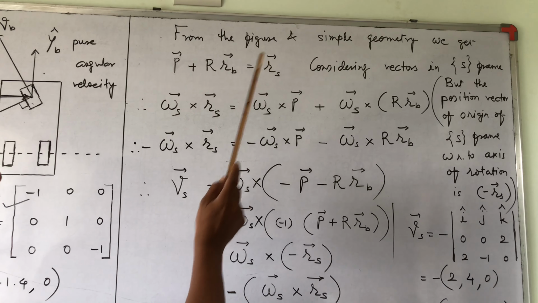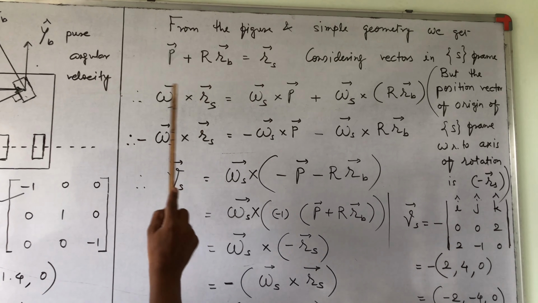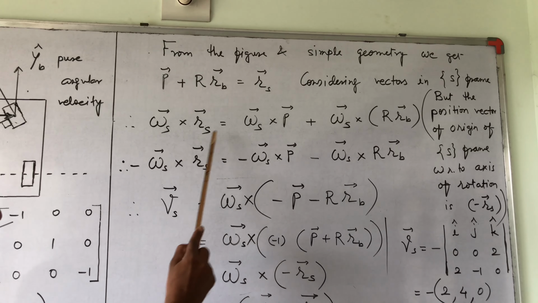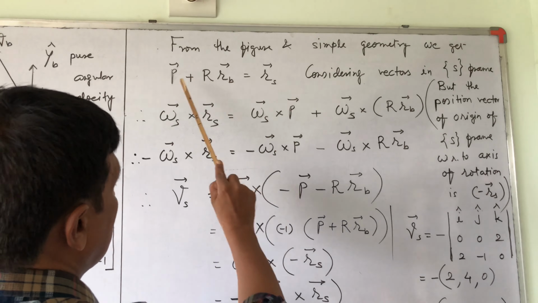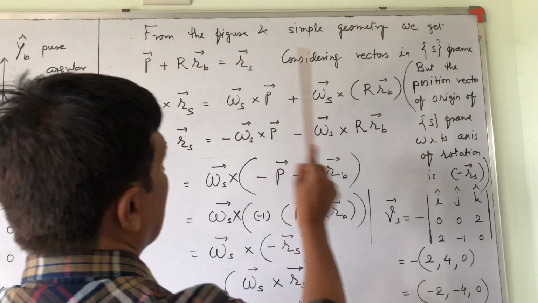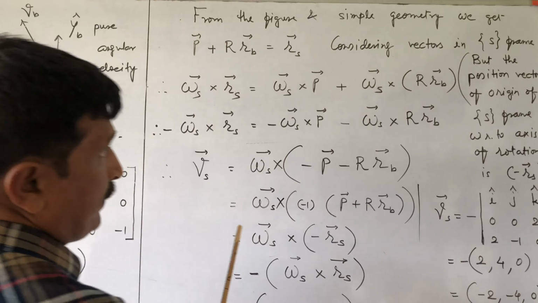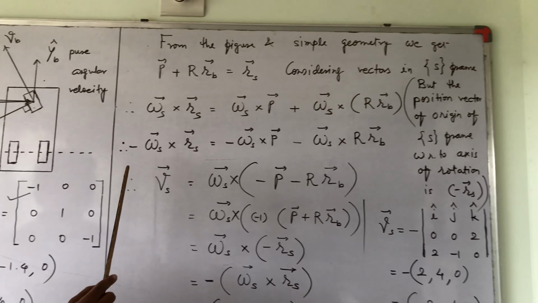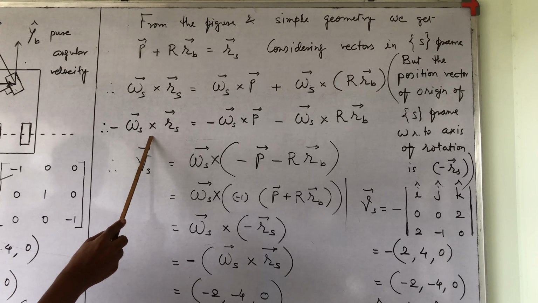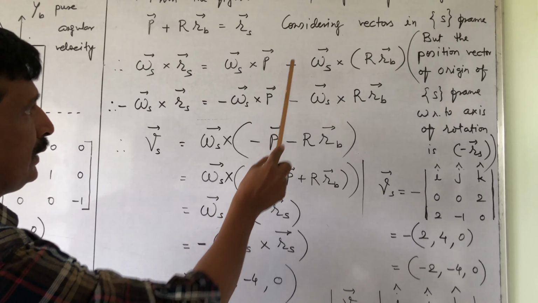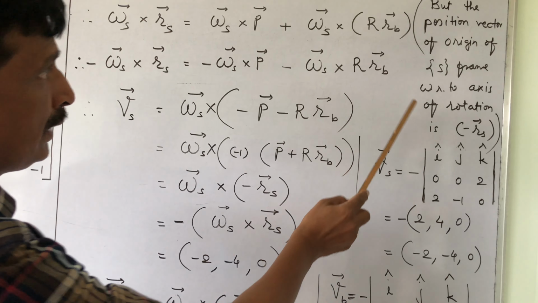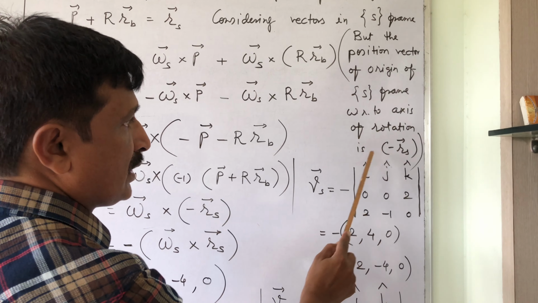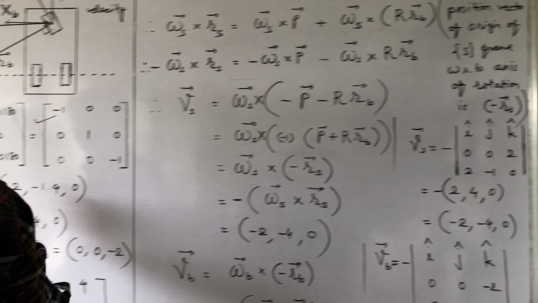So now multiplying both the sides by omega S, and I have written this side here. So omega S cross RS equals omega S cross P plus omega S cross R RB. So now multiplying both the sides by minus 1: minus omega S cross RS equals minus omega S cross P minus omega S cross R RB, because the position vector of the origin of S frame with respect to the axis of rotation is minus RS.